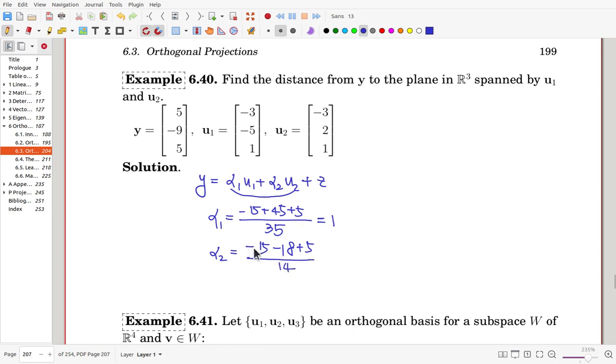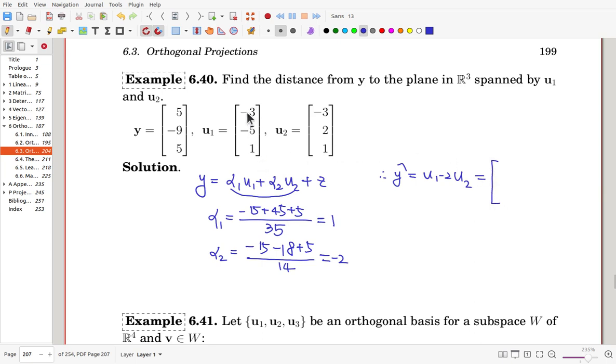Okay, there's a minus 10 along with this 5. So minus 28, which means there's minus 2. So we can get here y hat is the same as u1 minus 2u2. Okay, let's get it.